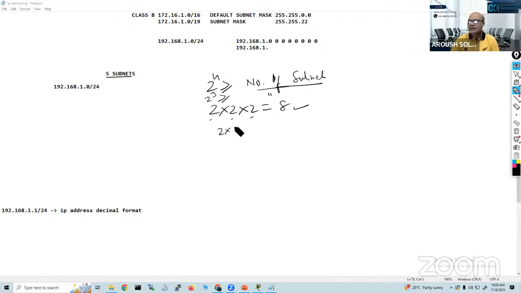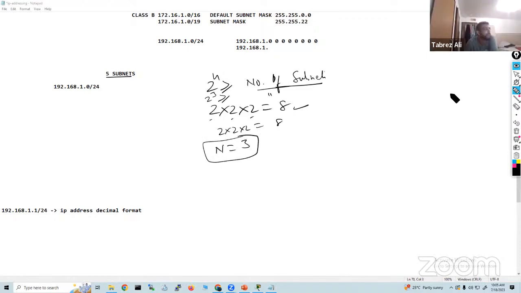That is 2 into 2 into 2, which becomes your 8. That's it. Now your n value will become 3. So the number of 2s is 3, right? 1, 2, 3.